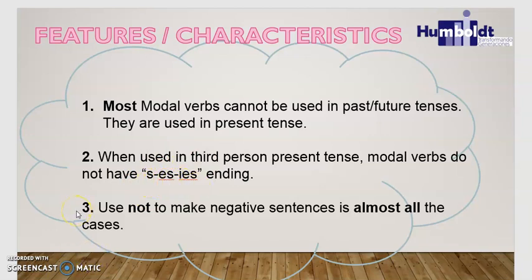Okay, so the number three is use not to make the negative sentences in almost all cases. So they are the three most important features of the modal verbs. Okay, so take them in mind. Let's continue with the other point.